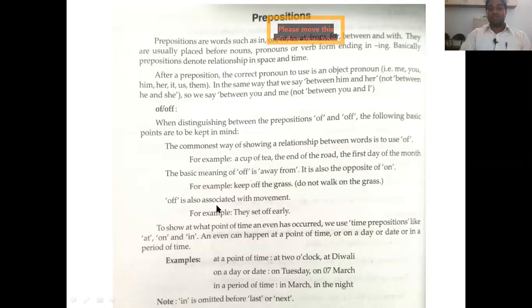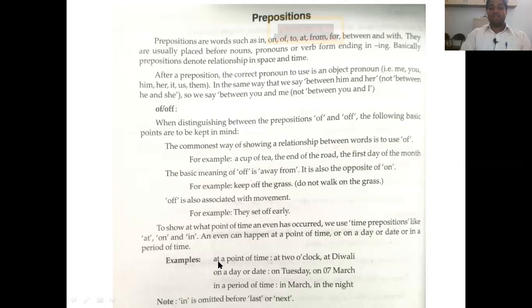Off is also associated with movement. For example, they set off early. To show at what point of time an event occurred, we can sometimes use prepositions like at, on, and in. An event can happen at a point of time, on a day or date, or in a period of time.